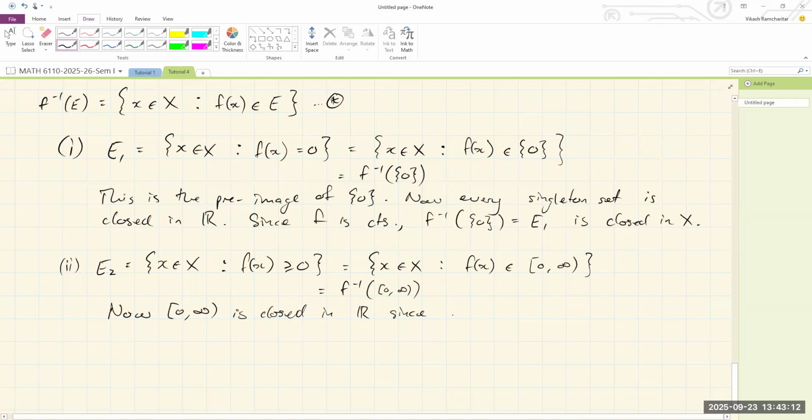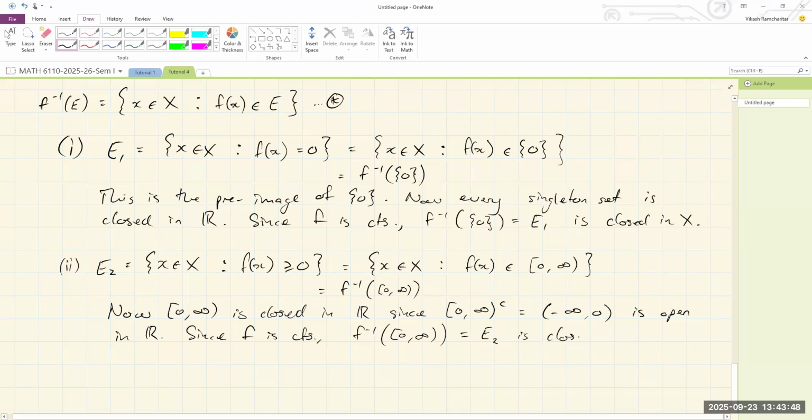So I claim that this set is closed in R, since the complement of this set is just this open interval, which is open in R. So again, this set is closed. So just like before, since F is continuous, the pre-image of this closed set, which we know is another way of writing E2, is closed. The pre-image of closed sets is closed.